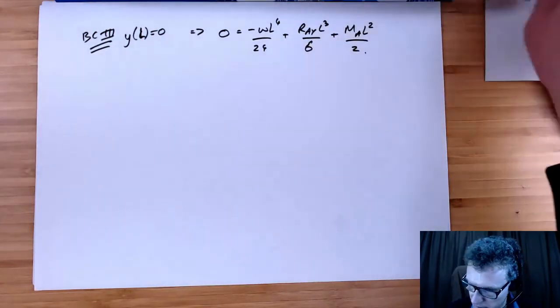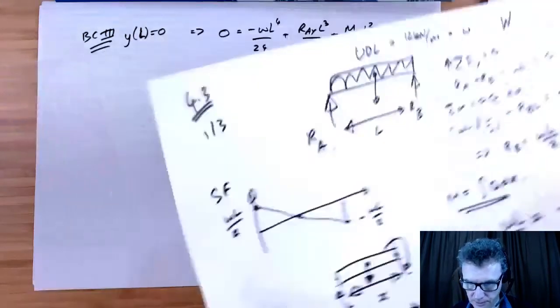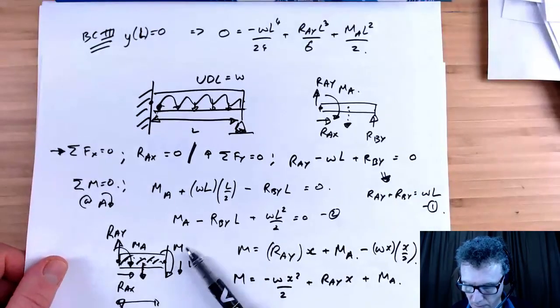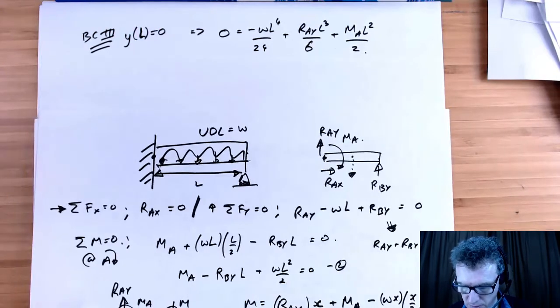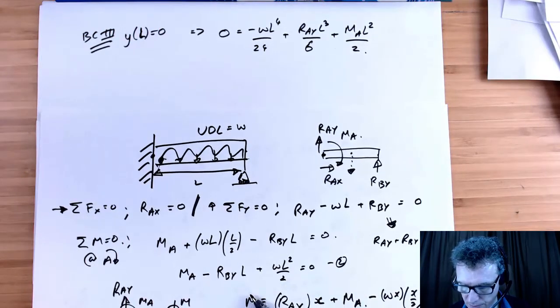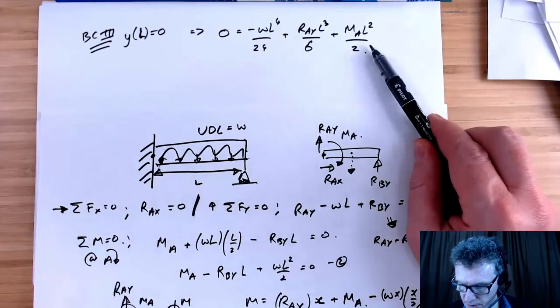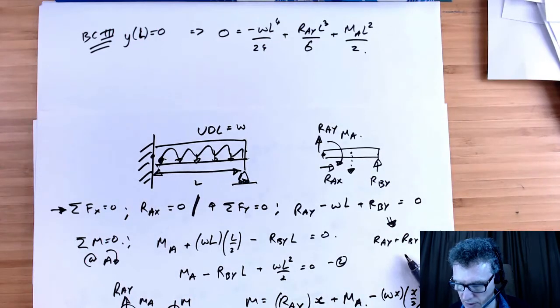Do we go back to the beginning? So we've got this equation. Substitute this into this, and then use this to find RA and RB.